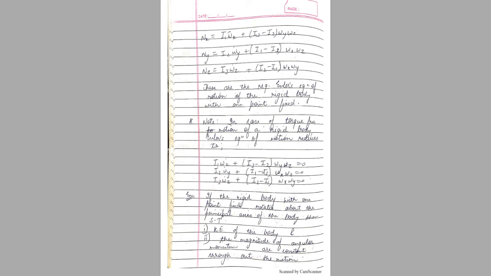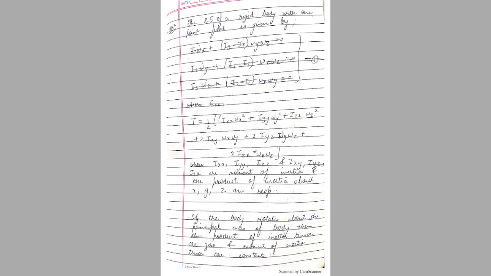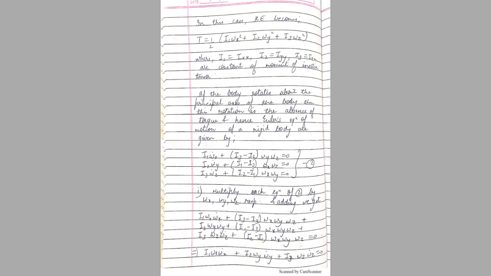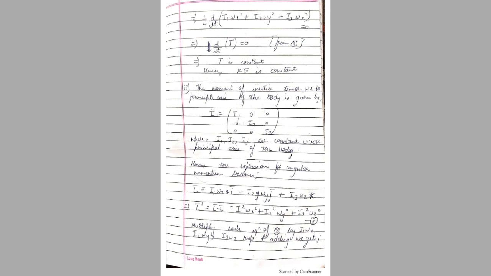So I know L is equal to I double dot into omega bar. But I am considering the rotation along the principal axis. So in the moment of inertia tensor, the non-diagonal elements would be 0, because my rotation is along the principal axis. So only the diagonal elements would be there, correct? That means my moment of inertia tensor would be I double dot.